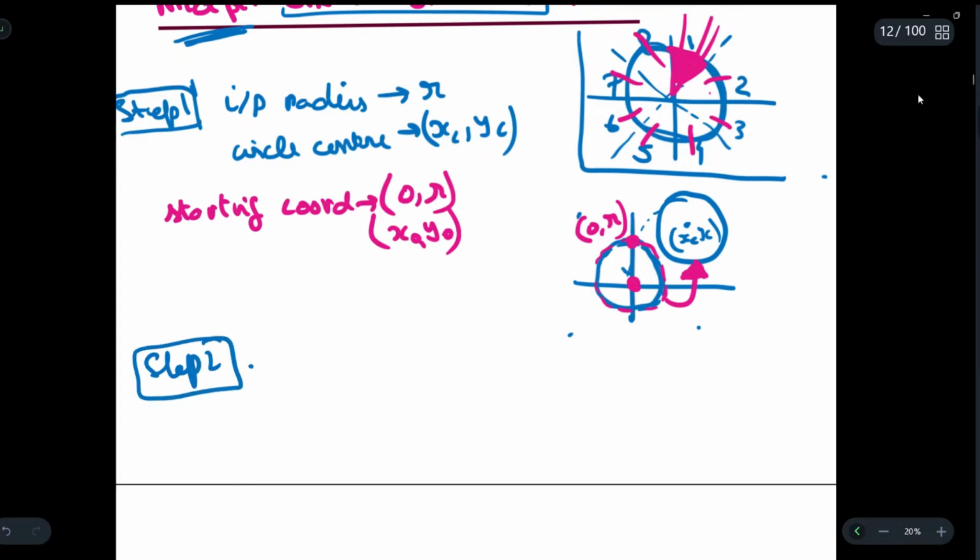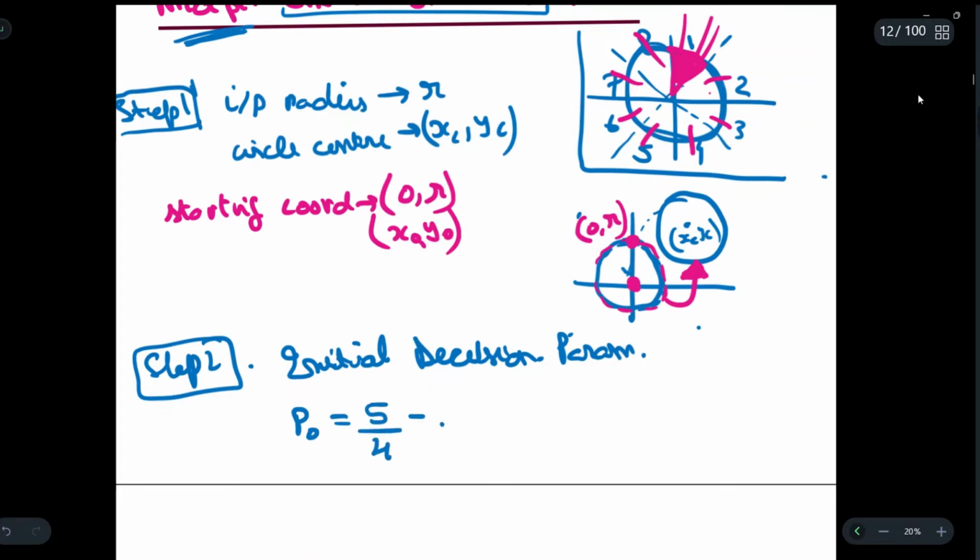Now in the second step, we calculate the value of the initial decision parameter, which is one of the most important steps. That is, here we will calculate the value of the initial decision parameter, which is also given by P naught. The value of P naught will be 5 by 4 minus R, where R is the radius of the circle which is given to us.